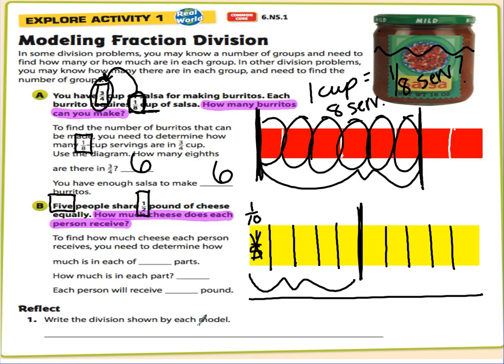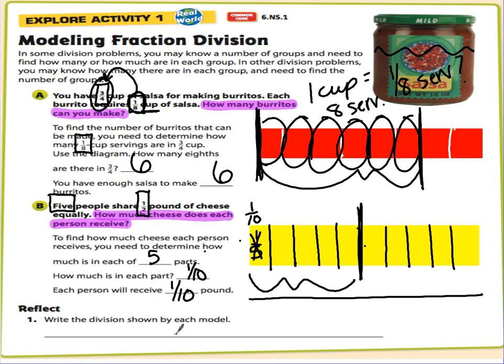So in this case, when I split it into the 5 parts, each part is actually worth 1/10 because the whole thing of cheese got split into 10 pieces because each 1/2 pound got split into 5. So 5 here and 5 here. So then I know that each person will receive 1/10 of a pound. Right?